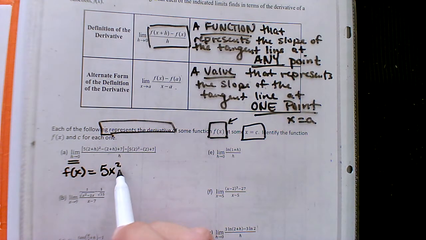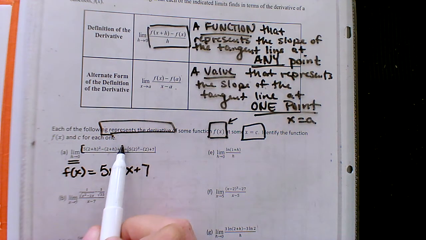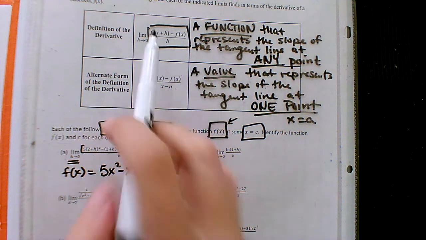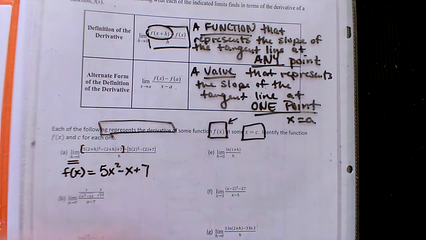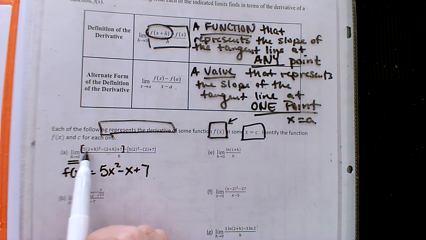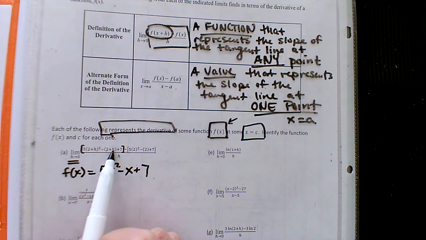So where are you looking to find that? This first piece? Yeah. I just compared it to the x plus h. Notice how the first thing we did in a limit yesterday was we plugged in x plus h for all the x's. If you take a look at how this first piece is written, we have 2 plus h and 2 plus h.